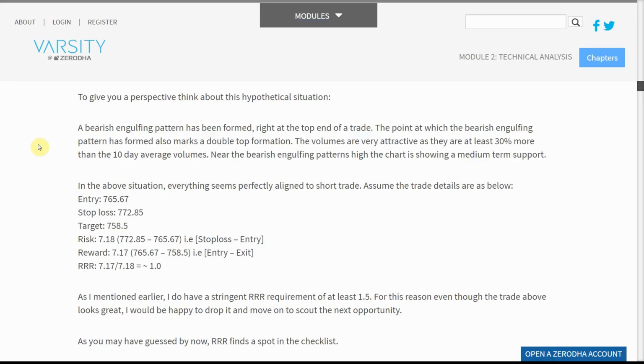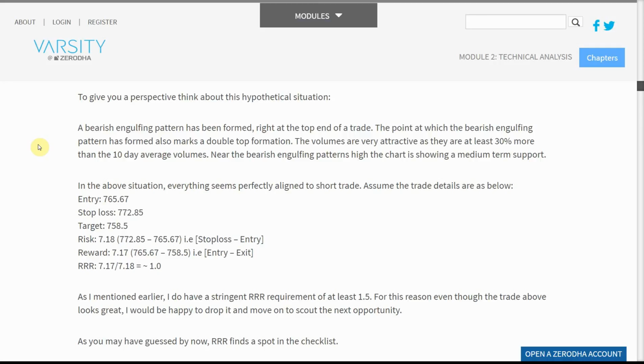Assume the trade details are as below. Entry: 765.67. Stop loss: 772.85. Target: 758.5. Risk: 7.18, from 772.85 to 765.67, i.e. stop loss to entry.